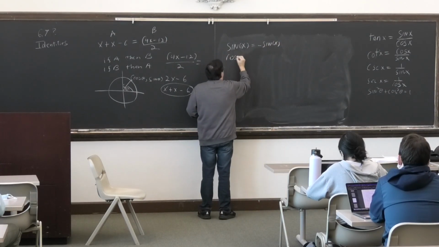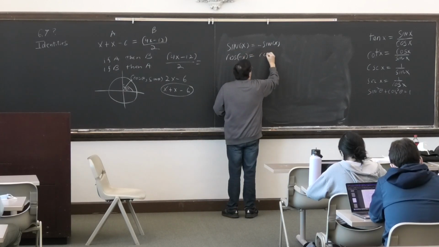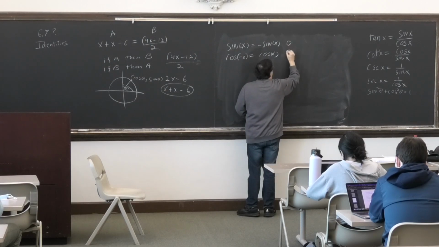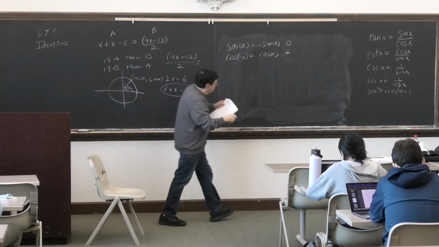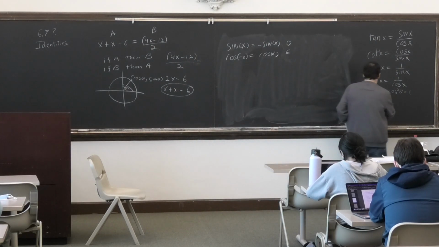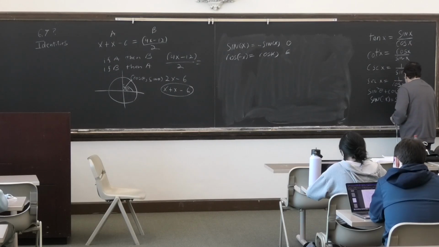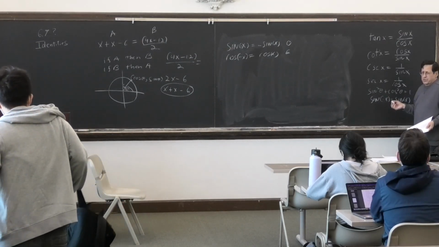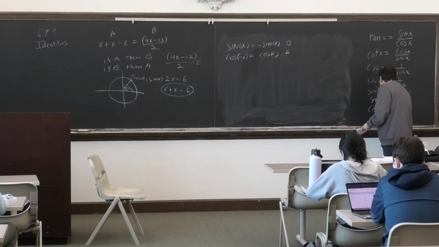And cosine of x, well, cosine of minus x is cosine of x, it being an even function. Memorialize these. Again, these are identities. They're true for every x in their domain.